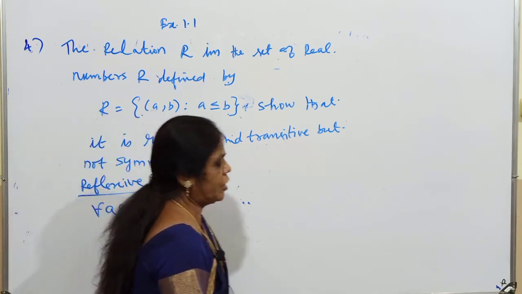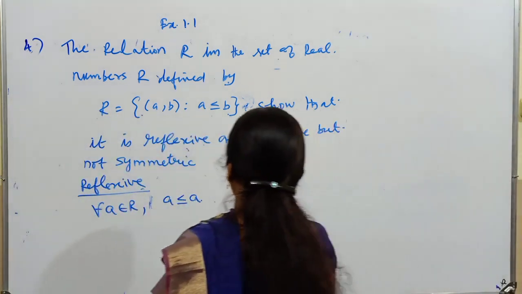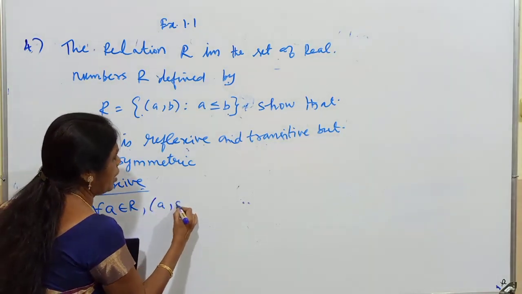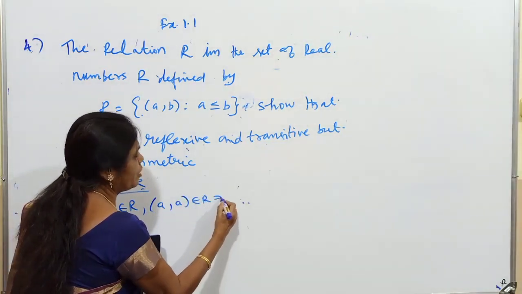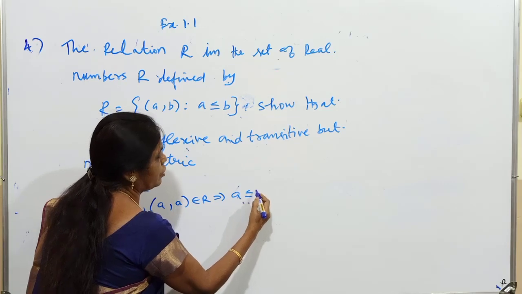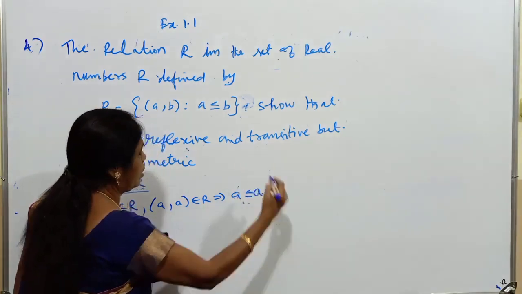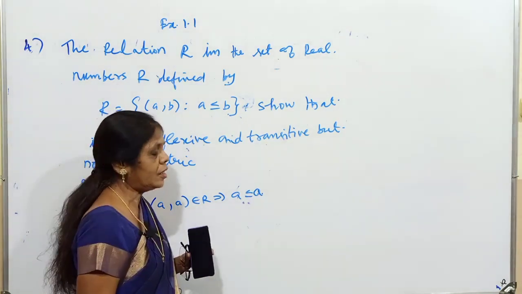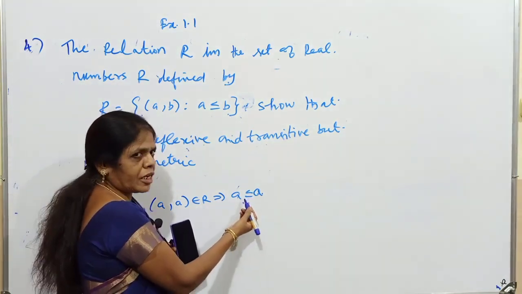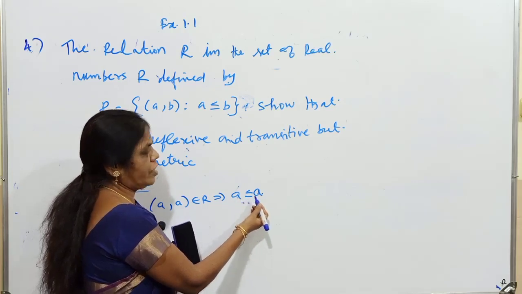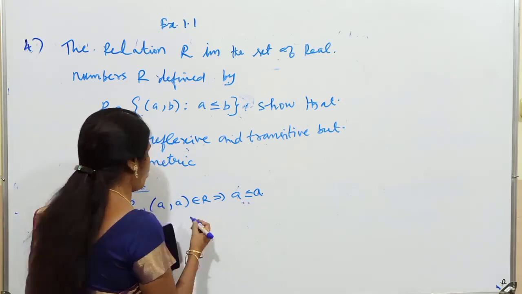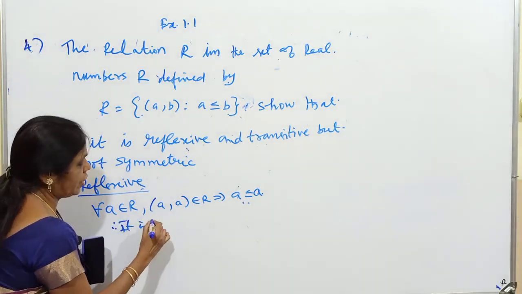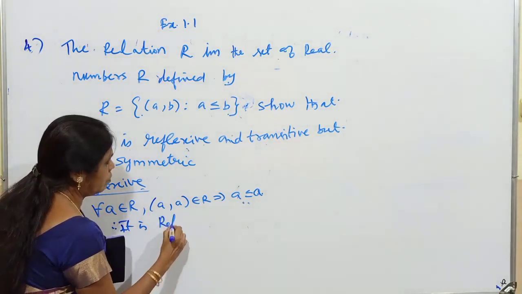So (a, a) definitely belongs to R, which means a is less than or equal to a. You might have studied in mathematical reasoning that if one of the two conditions is satisfied, it is true. Here a is equal to a. Therefore it is reflexive.